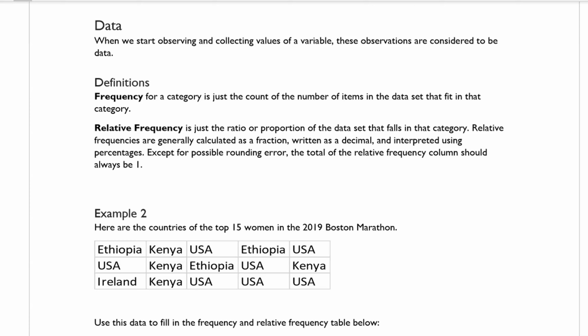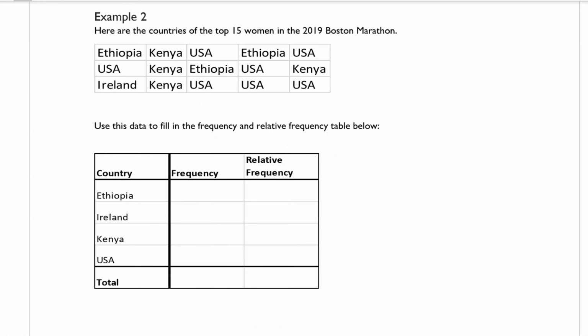Let's look at example 2. Here are the countries of the top 15 women in the 2019 Boston Marathon. It asks us to use this data to fill in the frequency and relative frequency of the table below. The first row in the country column says Ethiopia.